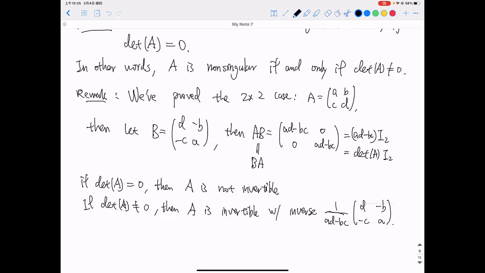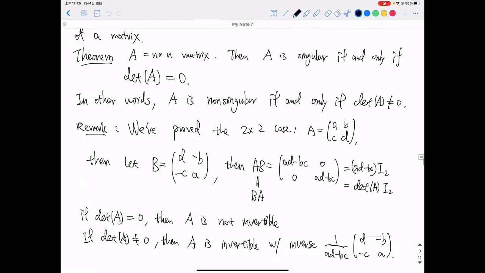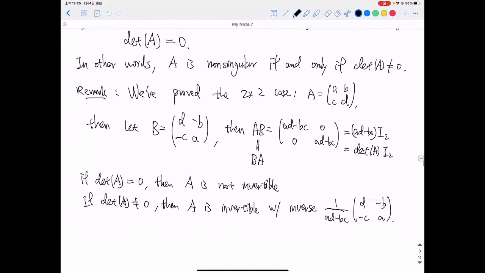And we've seen already that being invertible is the same as being non-singular. Okay, so this is the 2 by 2 case, and we're going to spend some time proving the n by n case in general, but that's next time.